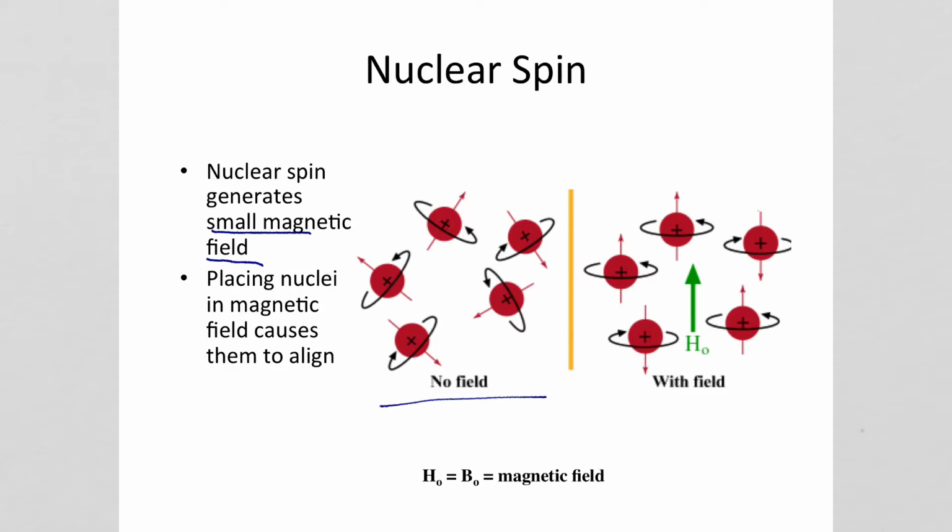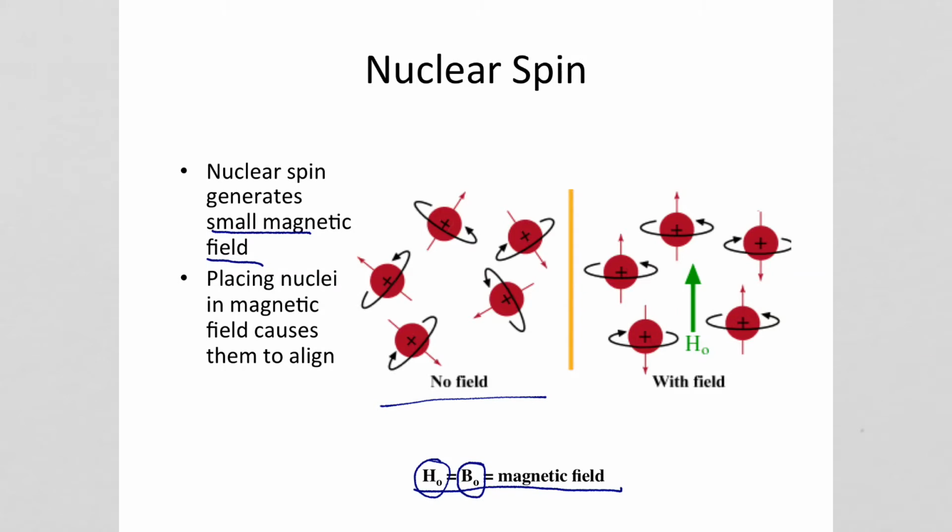That's physics. And once you place the sample in the magnetic field, we can abbreviate the magnetic field as H sub 0 or B sub 0. Those are both used in the literature commonly. But the key thing is, once you place those little nuclei in a magnetic field, they are going to line up with that magnetic field.